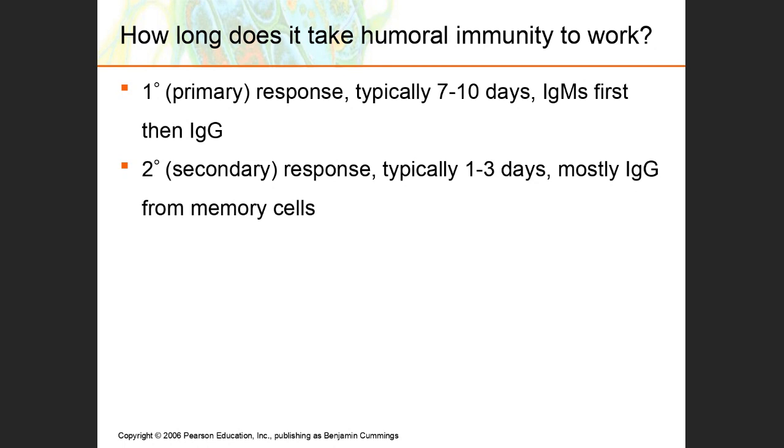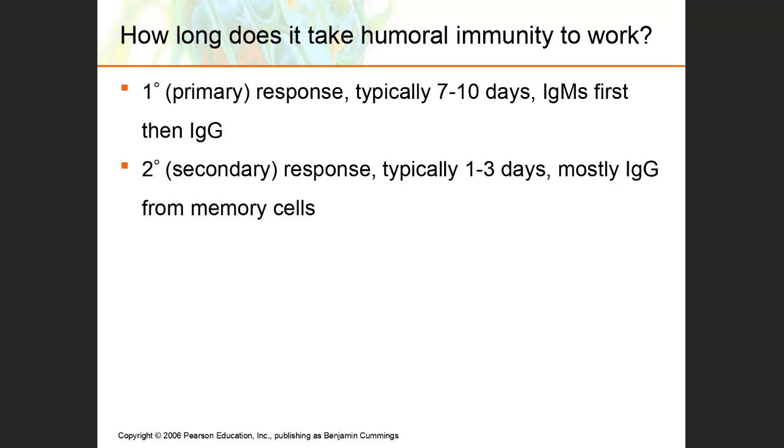But 7 to 10 days, so that's why when you get a cold or the flu, it takes about 2 weeks to recover, because you may be infected for 1 to 3 days before you show symptoms. But your immune system is working, it's trying to make antibodies, but it takes a week to a week and a half to make those antibodies.